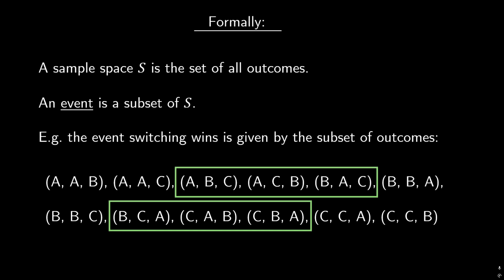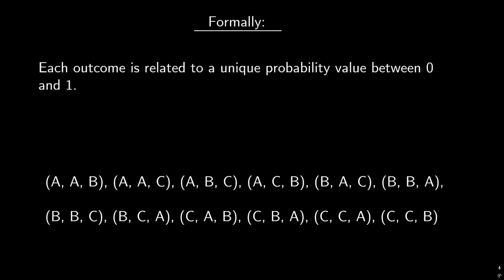Now again, it's not necessarily the case that every outcome happens with equal probability. In particular, in this case, I hope you notice that even though there are 12 possible outcomes here, some of them happen with probability 1 over 9, some of them happen with probability 1 over 8. So each outcome is related to a unique probability value between 0 and 1.